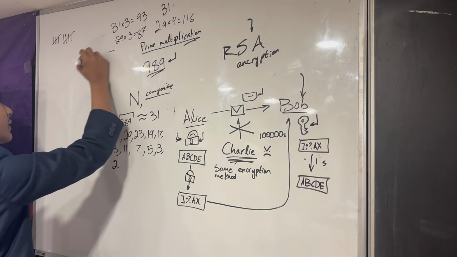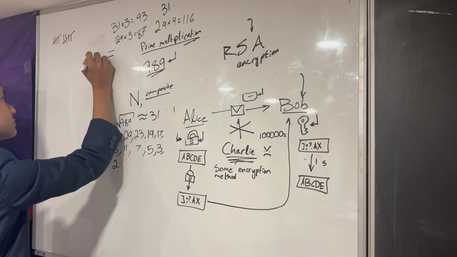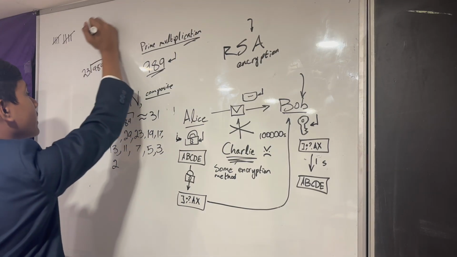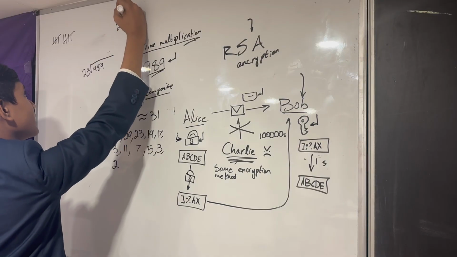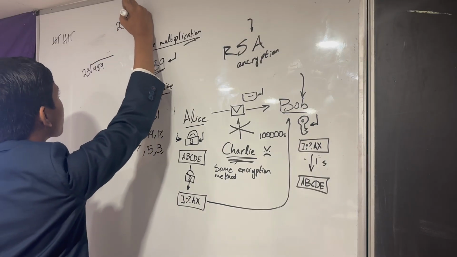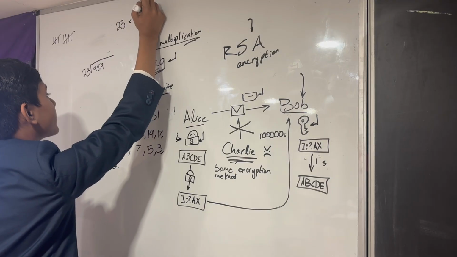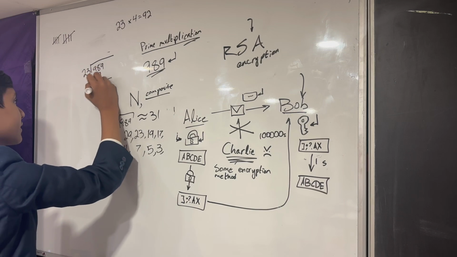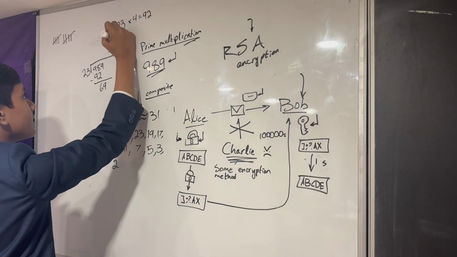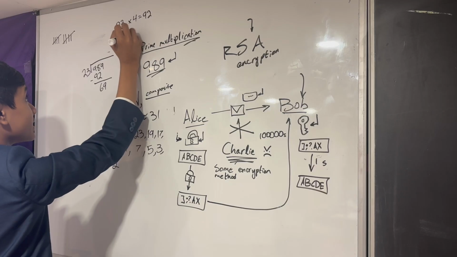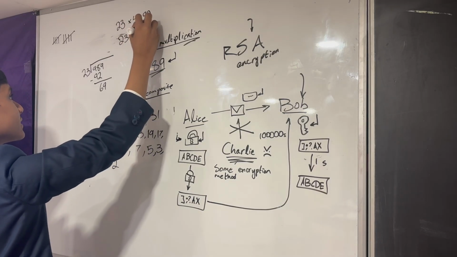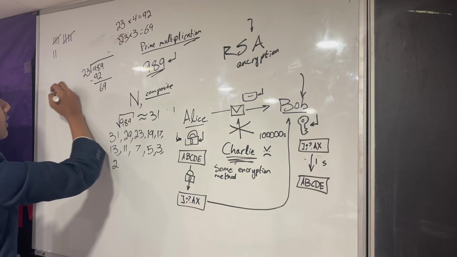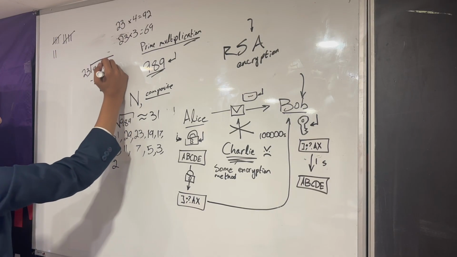Okay, what about 23? Well, 23 times 4 is equal to 92, I think, yeah. So let's try that. And that gives us 69. And then 23 times 3 is exactly 69. So this subtraction was one step, and 23 times 4 in the first place was another step.